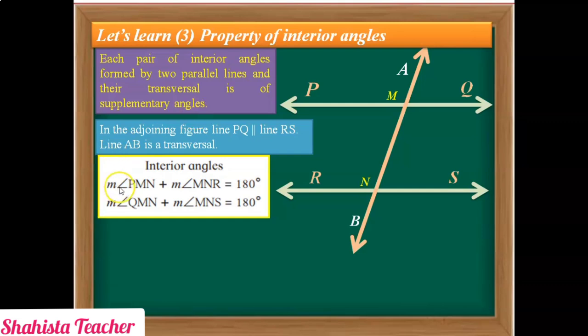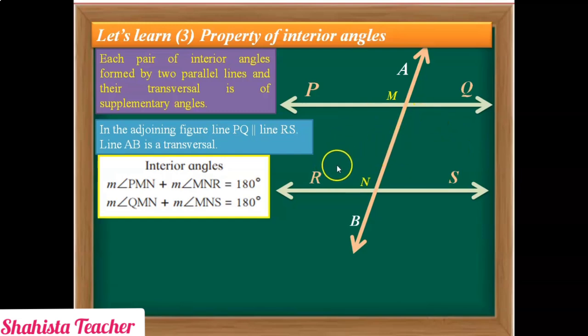So here, measure of angle PMN plus measure of angle MNR, these form interior angles, and PMN plus MNR is equal to 180 degrees. Similarly, on the right-hand side, measure of angle QMN plus measure of angle MNS is equal to 180 degrees. This is the internal part.